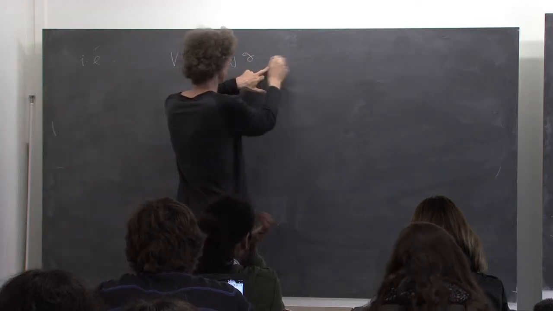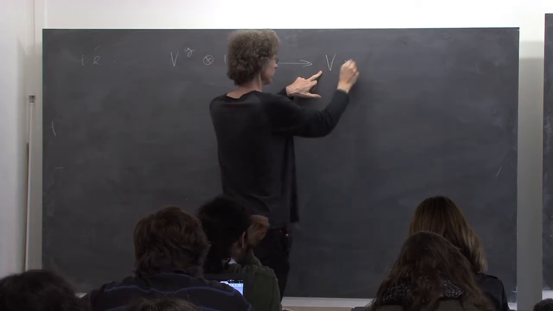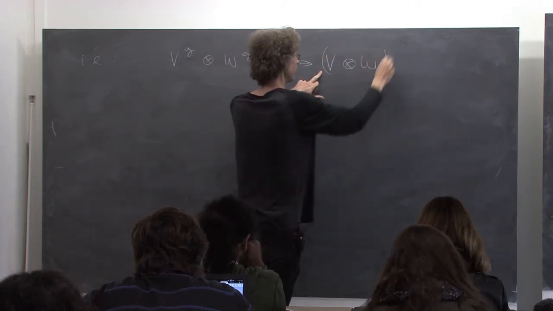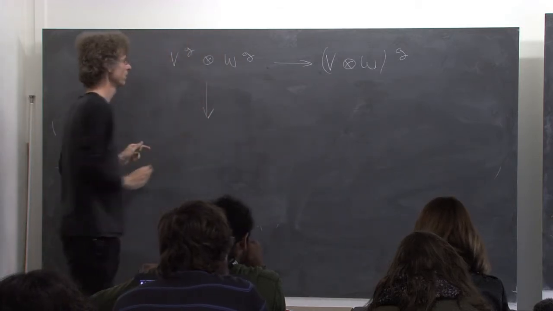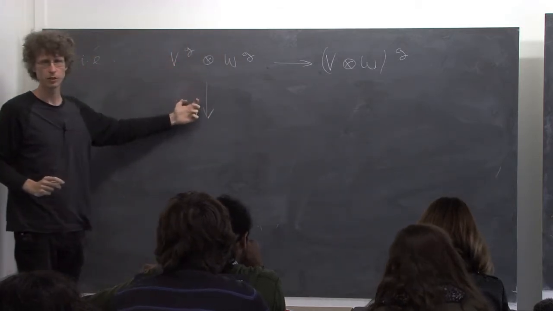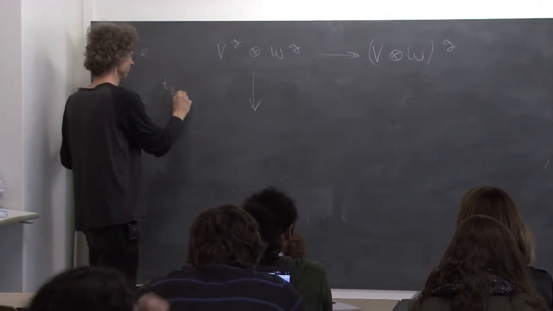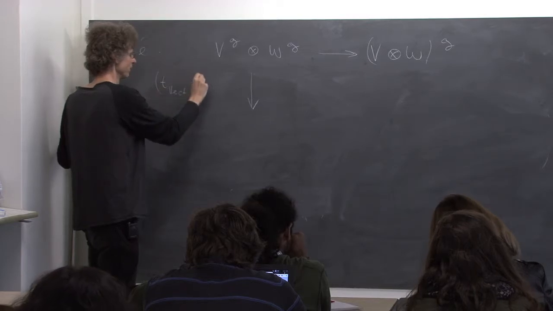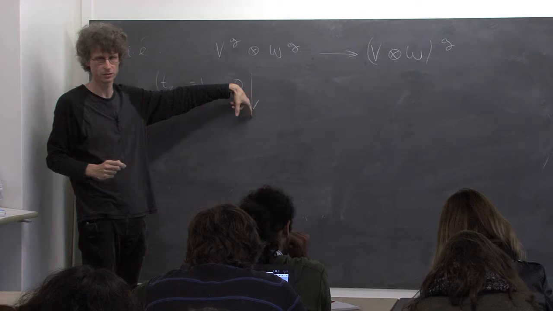Now here is this monoidal structure, which is this inclusion going to V tensor W. Now here we would be applying T in Vect. But that's simply 0, right? So this arrow here is 0.